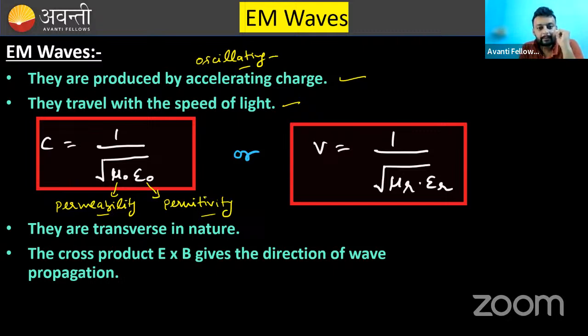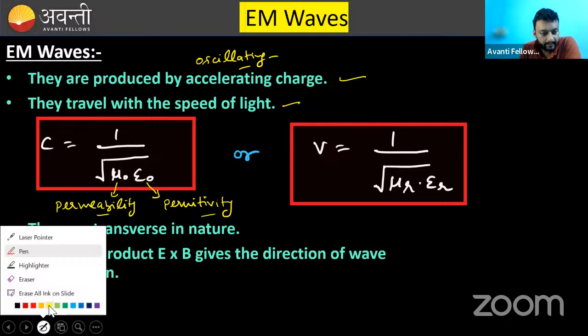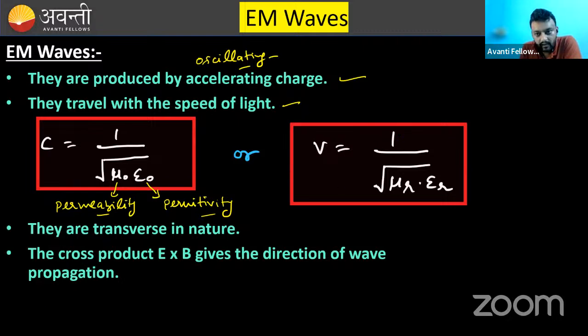Now, if they are traveling in some other medium, like in water, then what will be the velocity? The speed of EM waves is nothing but 1 over, okay, there is a correction. This is C over.